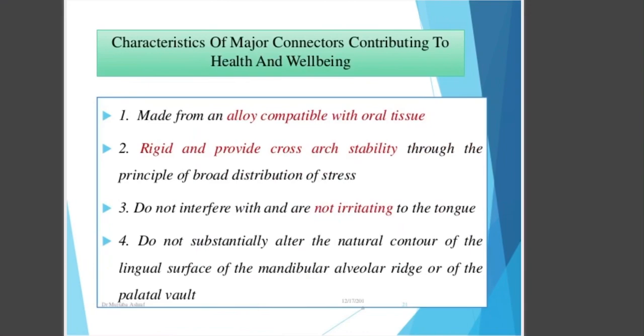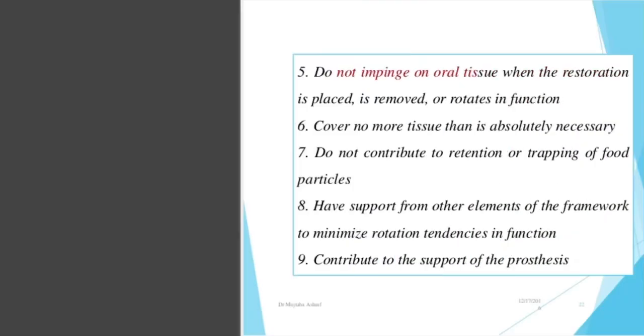In further classes, we will try to discuss the broad distribution of stresses. This is the philosophy of design of removable partial dentures. It should not interfere with or irritate the tongue. It should not substantially alter the natural contour of the lingual surface of the mandibular alveolar ridge or of the palatal vault.